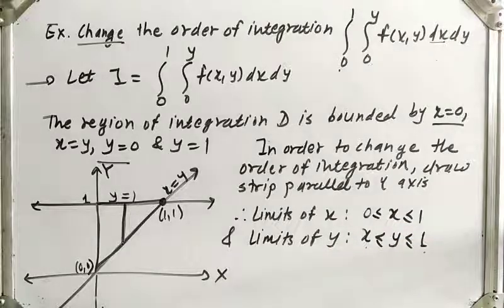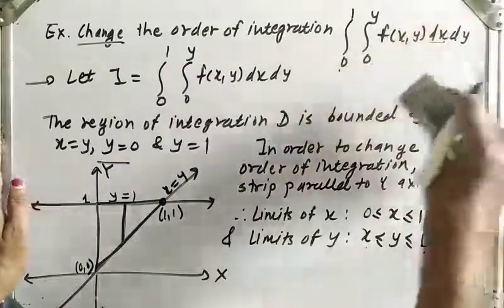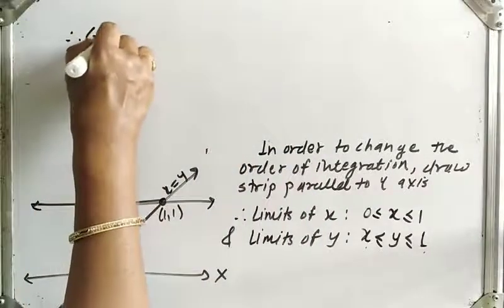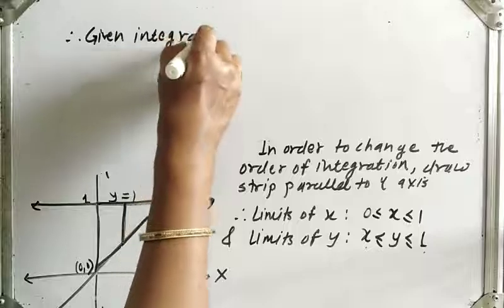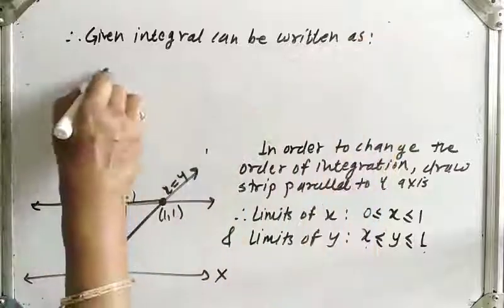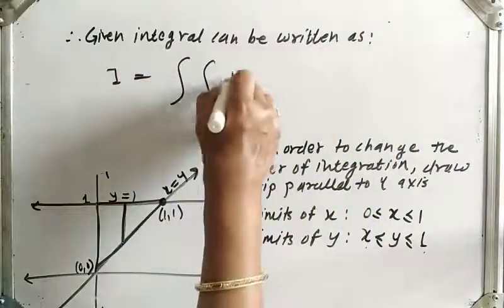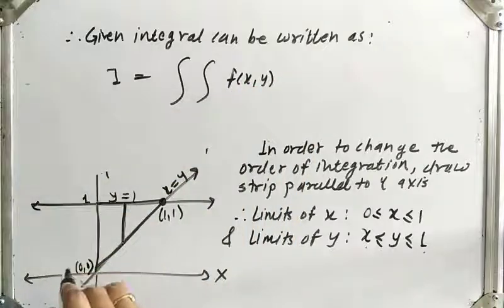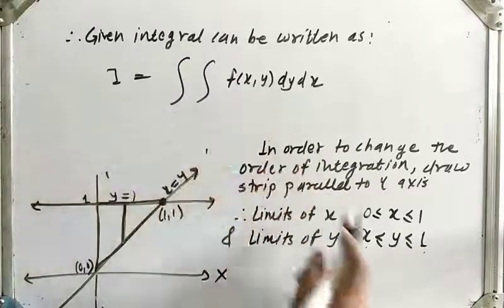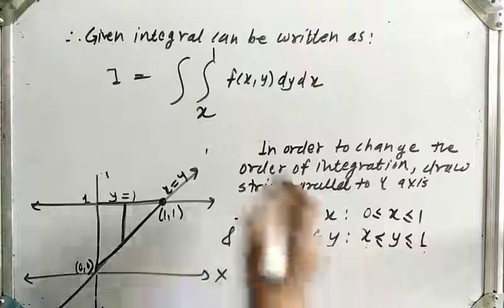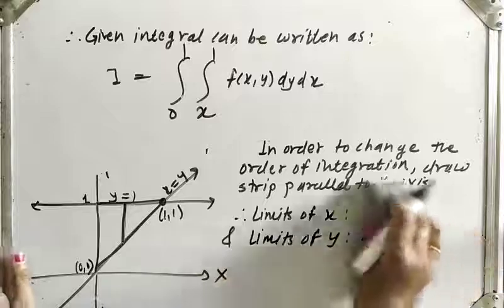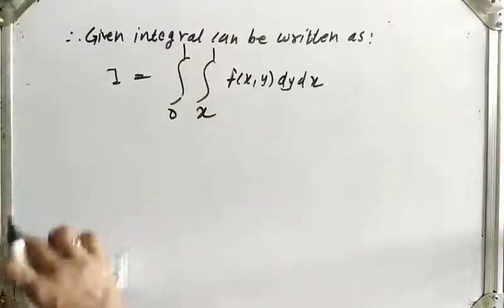Therefore, the given integral can be written as I is equal to the integral of f of xy, as it is. In the given example dx dy was there; now we are changing to dy dx, and accordingly the limits change: y varies from x to 1 and x varies from 0 to 1. Up to this, the example was only changing the order of integration, so we will stop here.